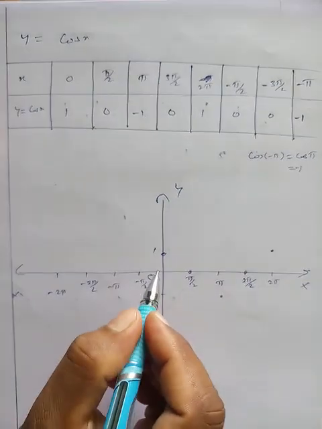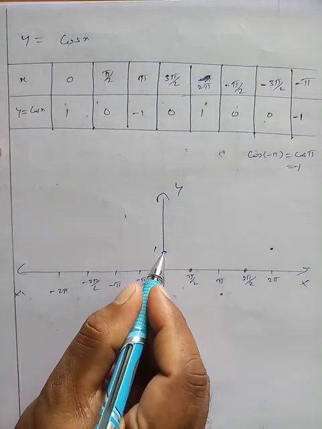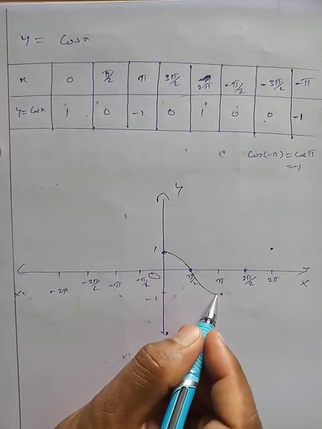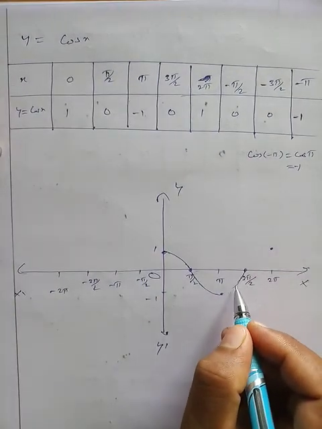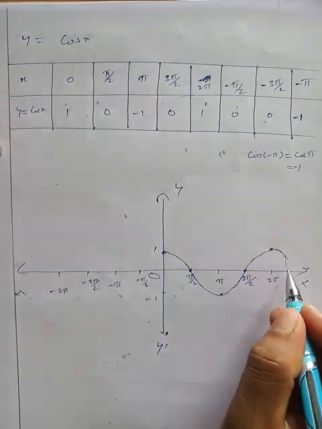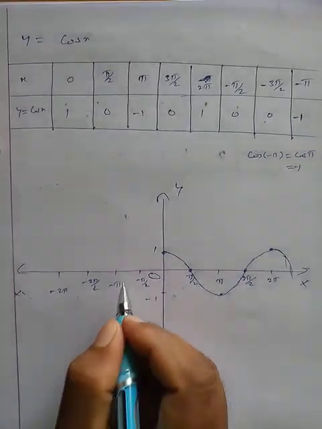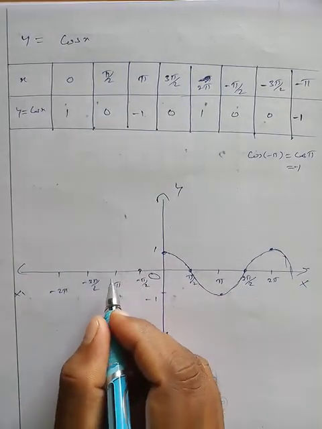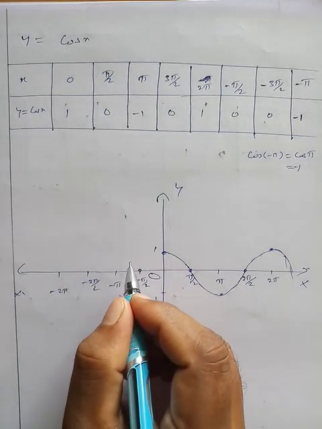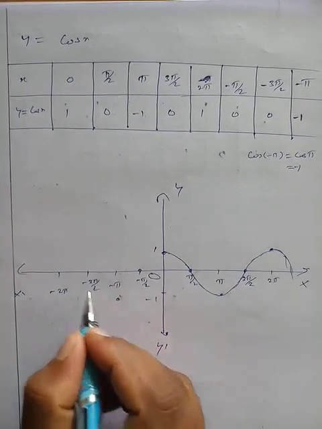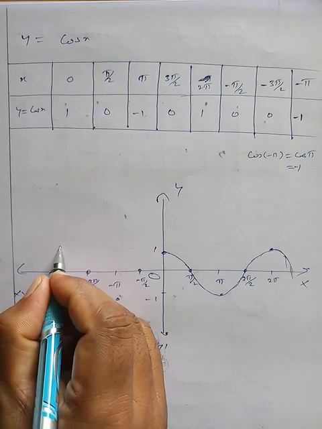Here, join the points. Next, the left hand side: minus pi by 2, 0; minus pi, minus 1; 0, 1.